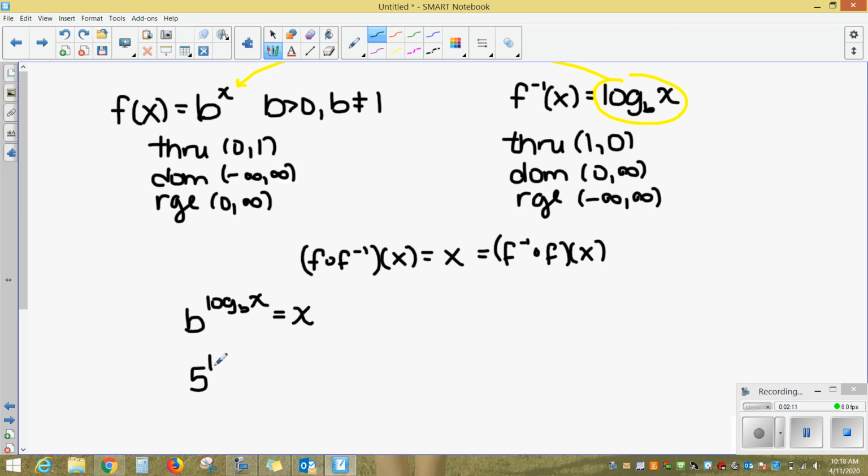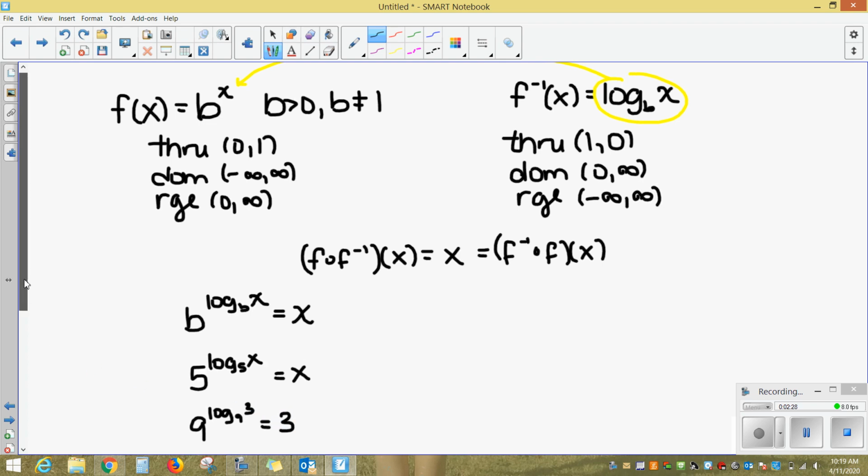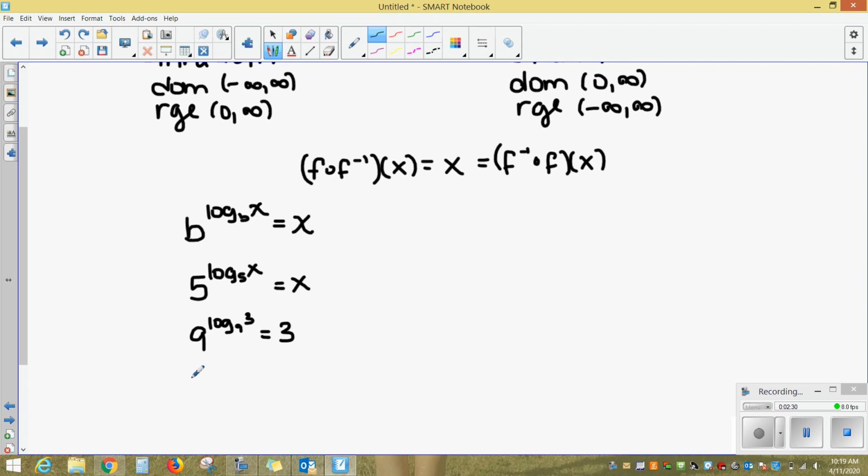So if I have 5 to the log base 5 of x, that's equal to x. If we have 9 to the log base 9 of 3, that's equal to 3. If we have 4 to the log base 4 of x squared plus 1, that's equal to x squared plus 1.